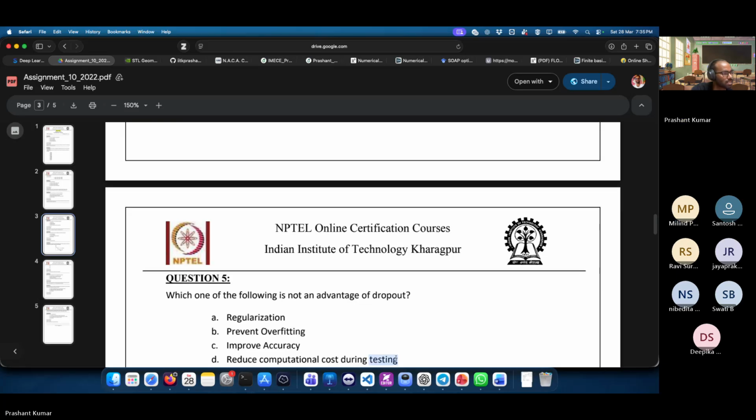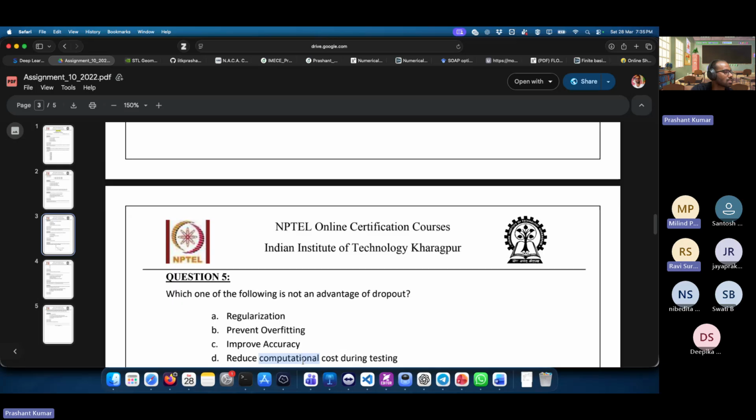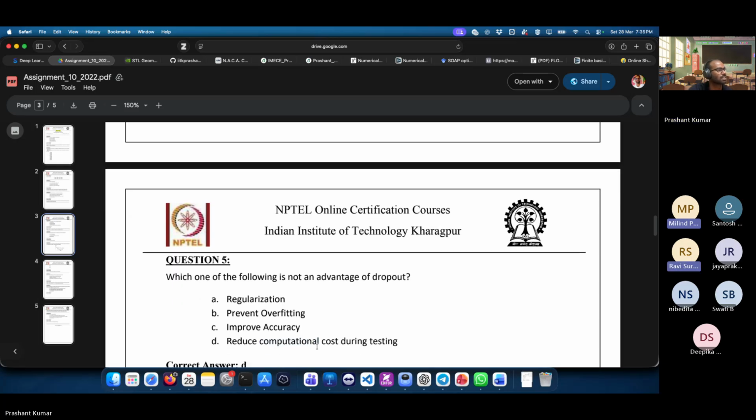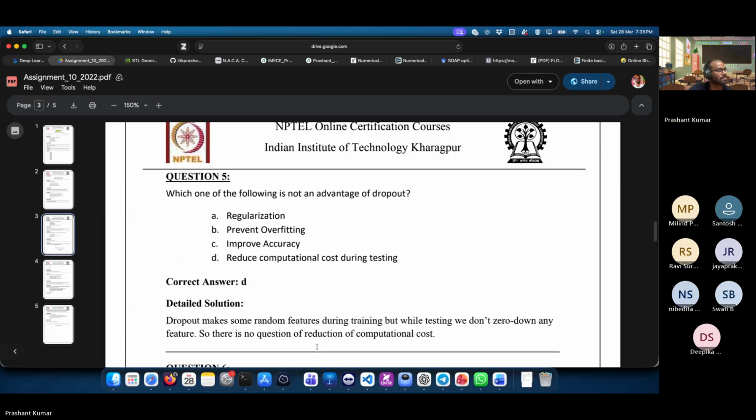Don't overlook this one: reduce computation cost during testing. When we do the testing, we activate all the neurons, and dropout doesn't care about testing. Dropout is a part of training, right? Yes, so correct, D is the answer.